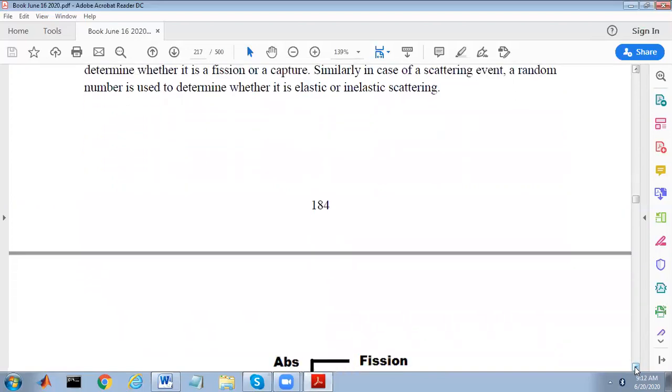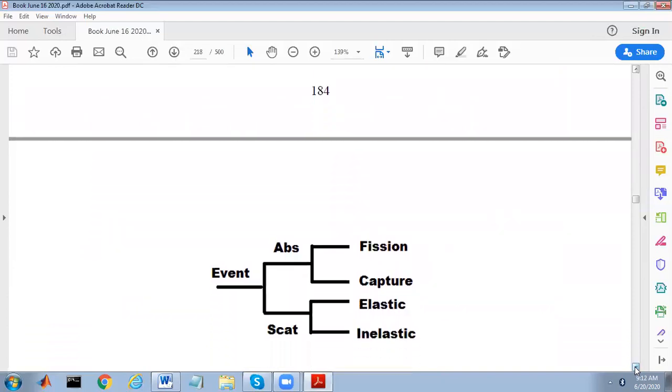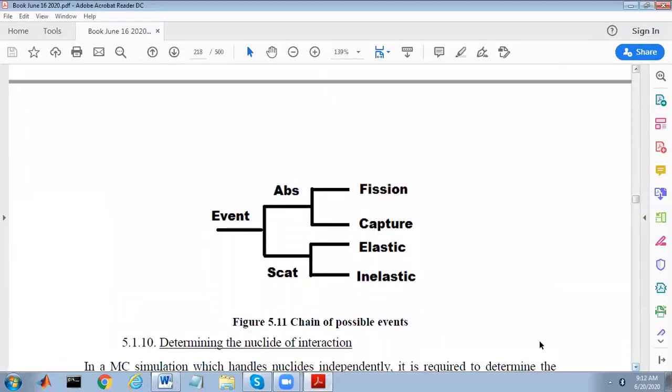So let me show you a picture which shows you in a little simplified way. Imagine an event has now taken place, an interaction at a distance s. So far, we have simulated a neutron or a photon or an electron, and we say now imagine that it can have either an absorption or a scattering.